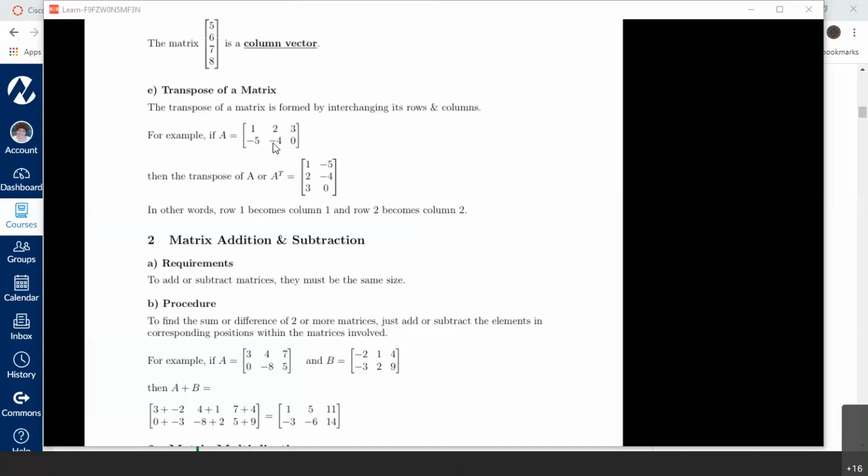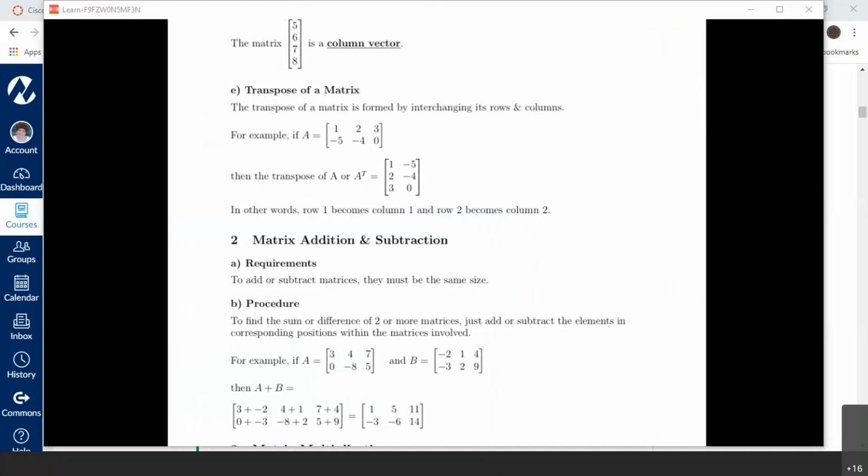Row -5, -4, 0 becomes the second column. So we've also changed the dimensions: this matrix had 2 rows and 3 columns, and it becomes a matrix with 3 rows and 2 columns. So the transpose has also changed the dimension of the matrix.